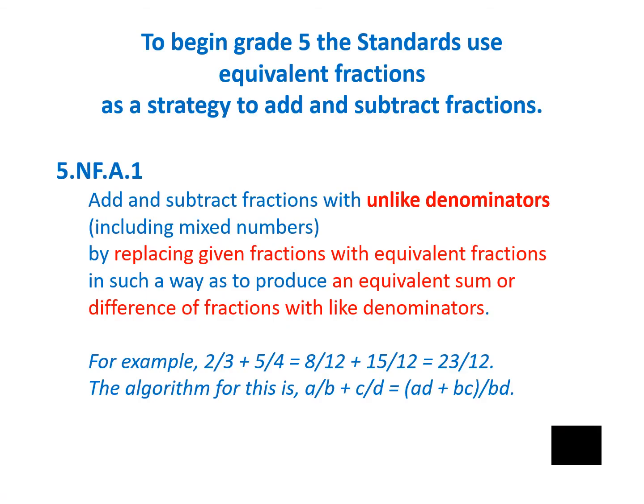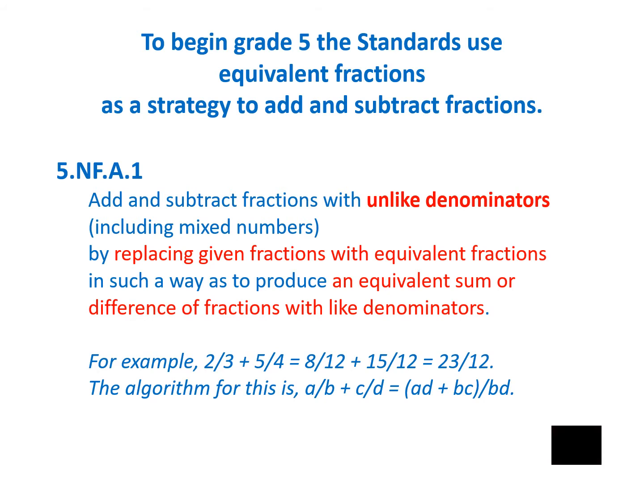The Common Core State Standards begin Grade 5 using equivalent fractions to add and subtract fractions. The first standard of Grade 5 reads, add and subtract fractions with unlike denominators by replacing the given fractions with equivalent fractions in such a way as to produce an equivalent sum or difference of fractions with like denominators. The example given in the standards is 2/3 plus 5/4, which equals 8/12 plus 15/12, and the sum is 23/12.